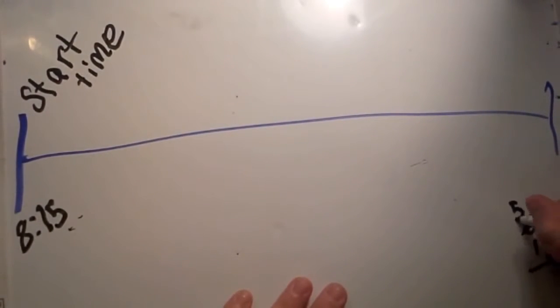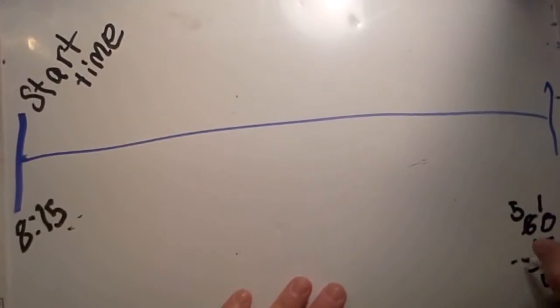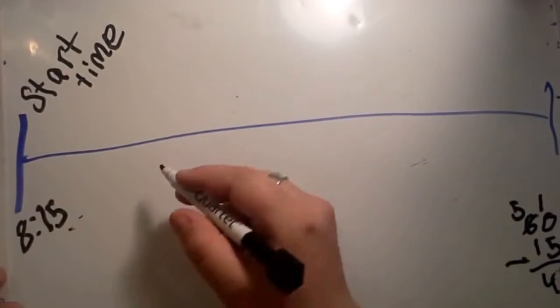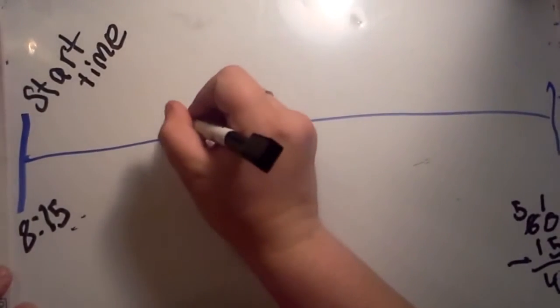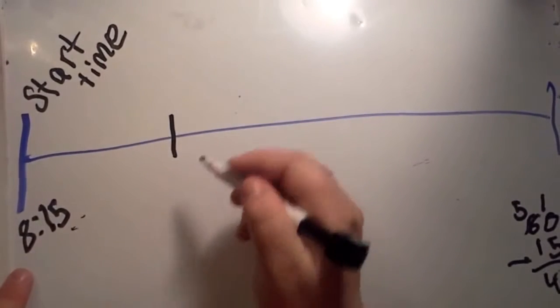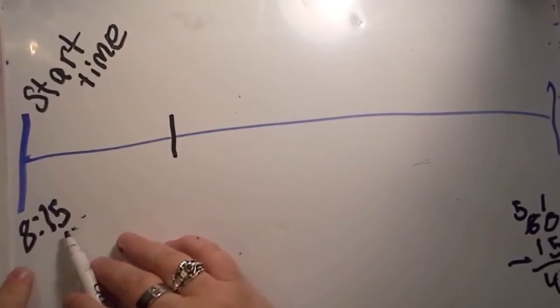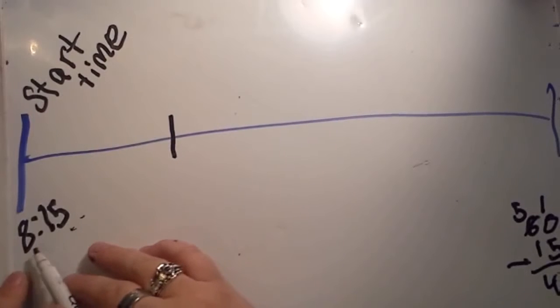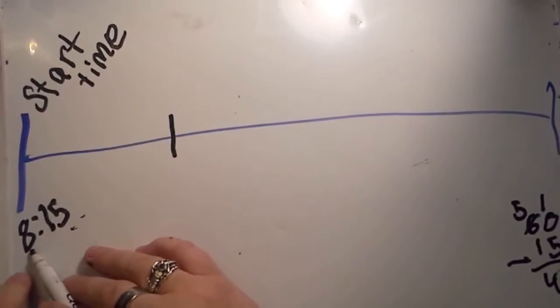Borrow, this becomes a 5. 10 minus 5 is 5. 5 minus 1 is 4. So, again, we get 45. The way I'm going to show that is I'm going to draw another line here. And remember that when we add 45, that bumps this hour to the next hour.